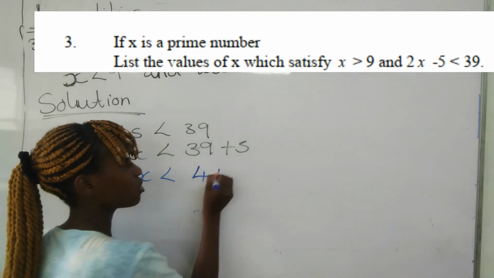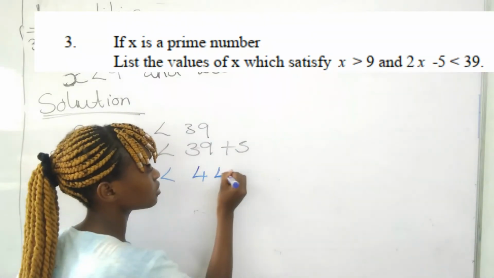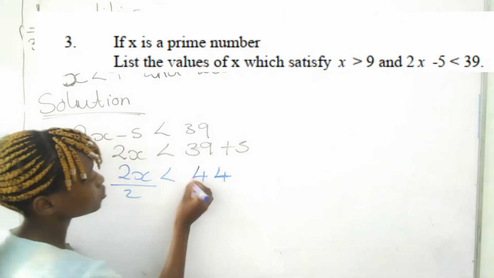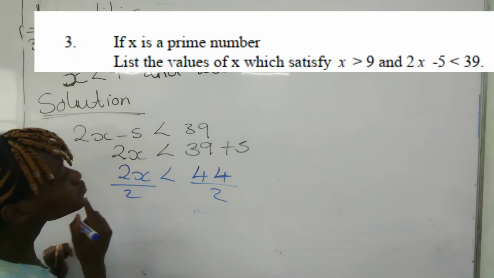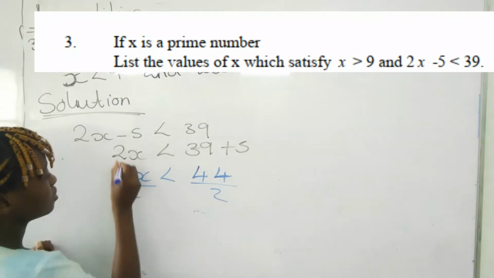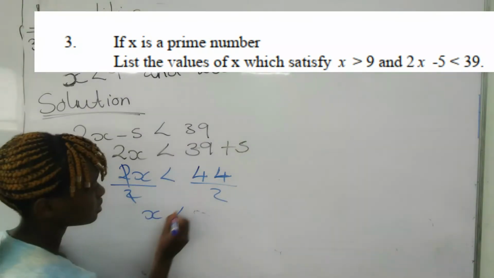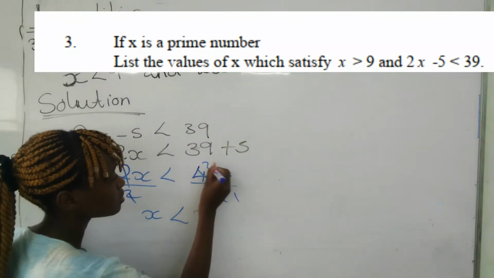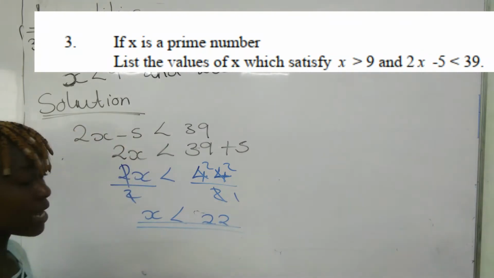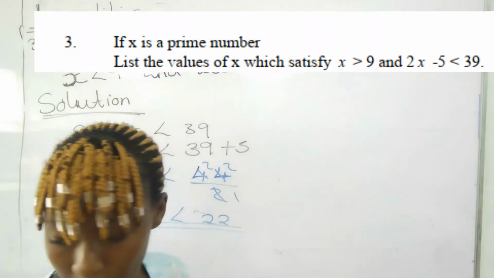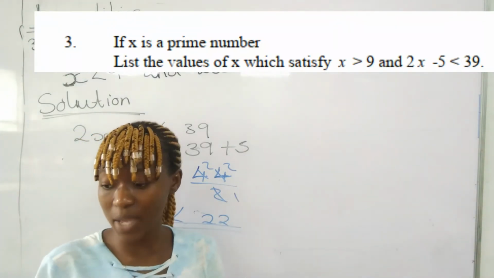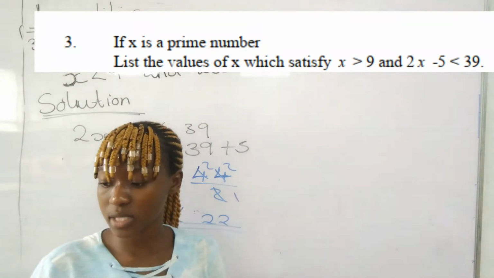If I'm wrong, please correct me. So x is less than 22.